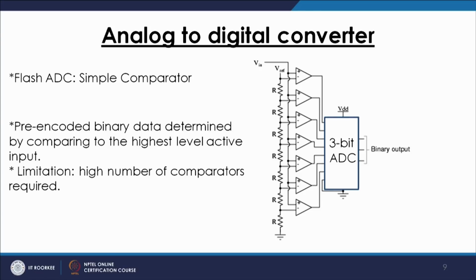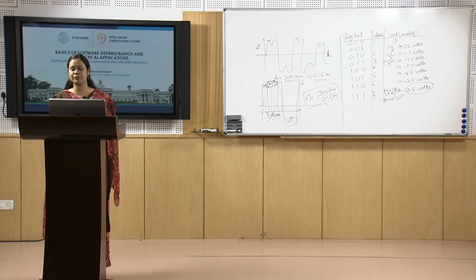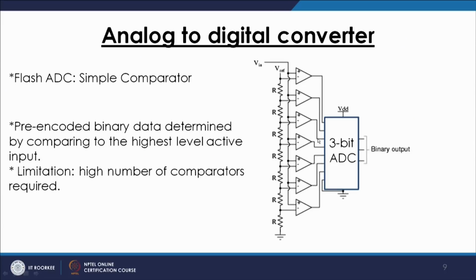The example we did earlier for the 3-bit DAC is the opposite of this one. So our data is in the form of voltage and we want to get our binary digits out of it. As we can see here, we have 8 inputs, one is the 0 state and the other 7 are from 1 to 7 states, and the output will be 3-bit digits.